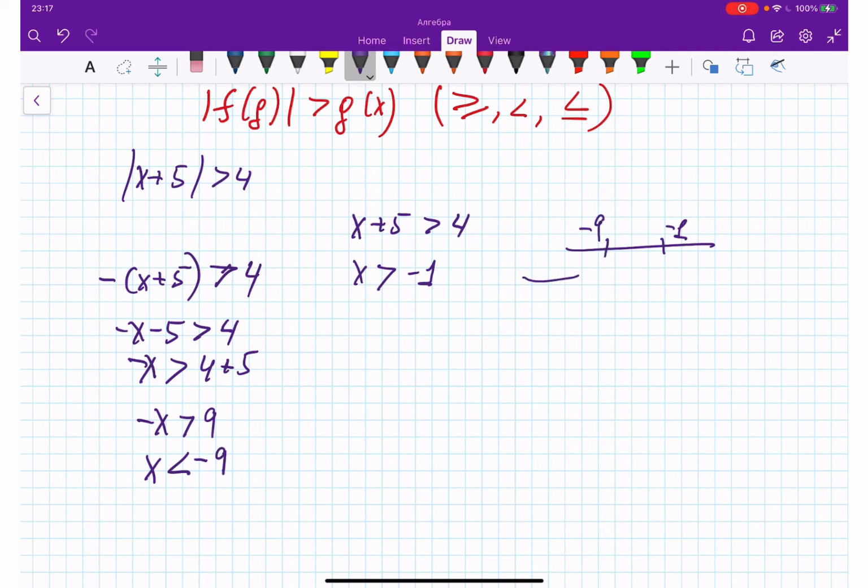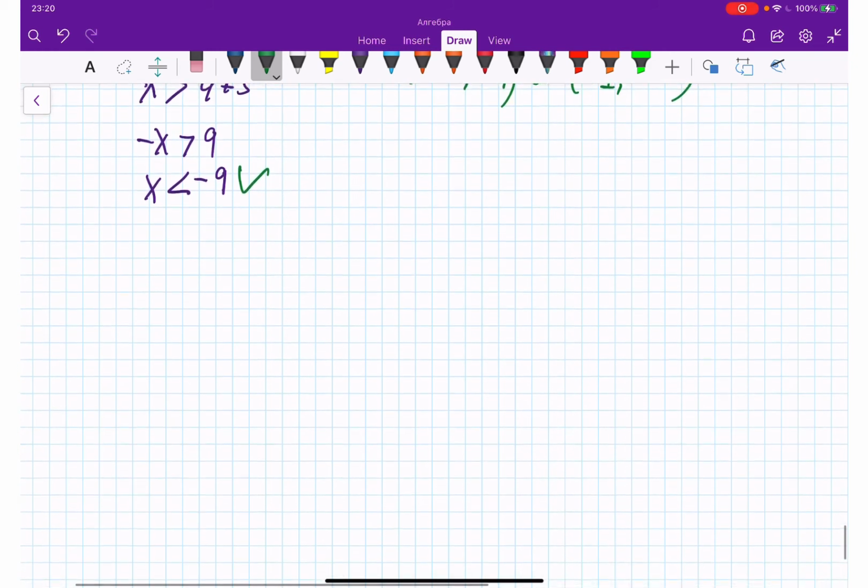So x is less than negative 9, and x is greater than negative 1. So from here, the answer is going to be negative infinity to negative 9, or negative 1 to positive infinity. Okay?